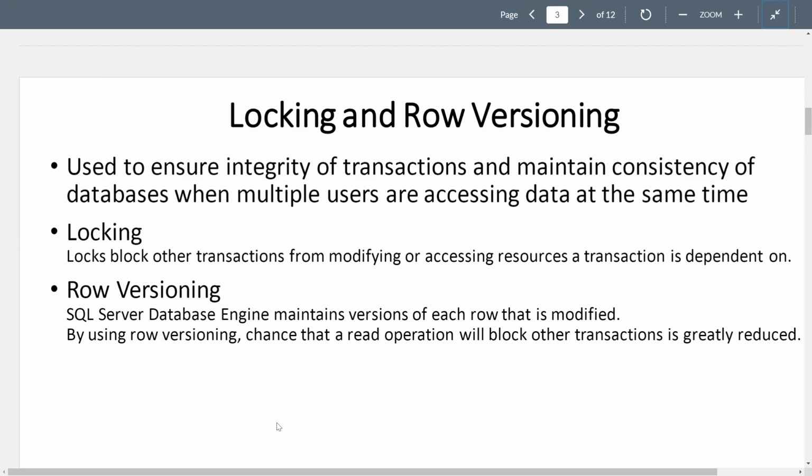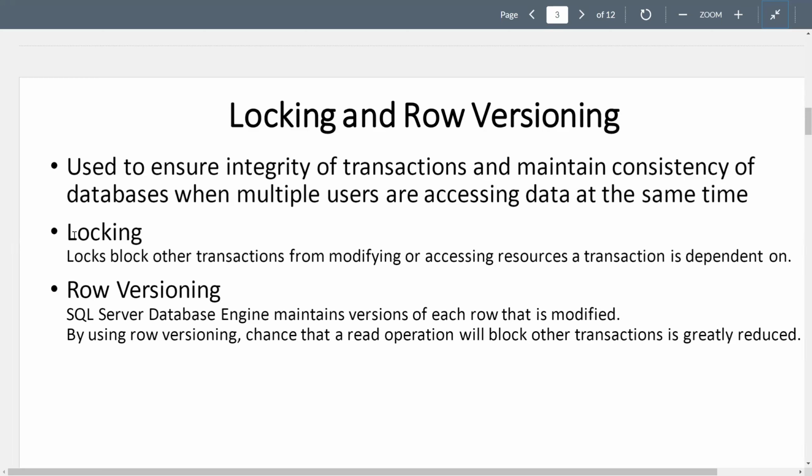When there's a problem with the data change, the database engine needs to roll back, then the database engine can roll back to the snapshot. Okay, a snapshot is just like a copy of the data at a very specific moment. So row versioning and the locking both are commonly used for protecting our data.